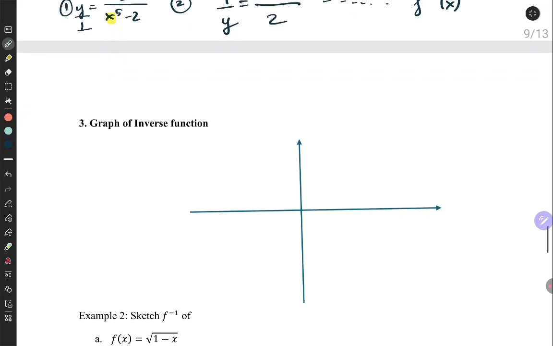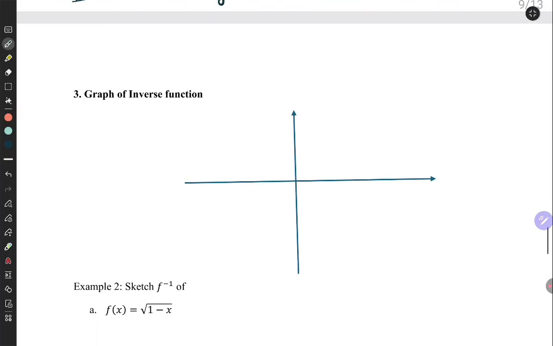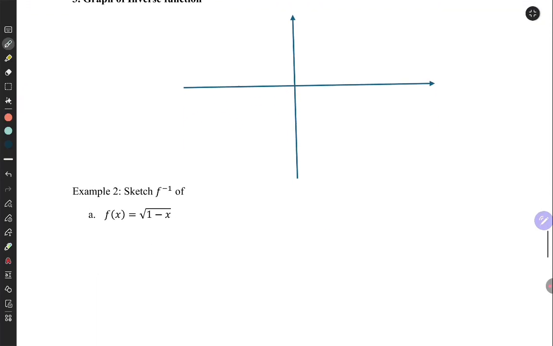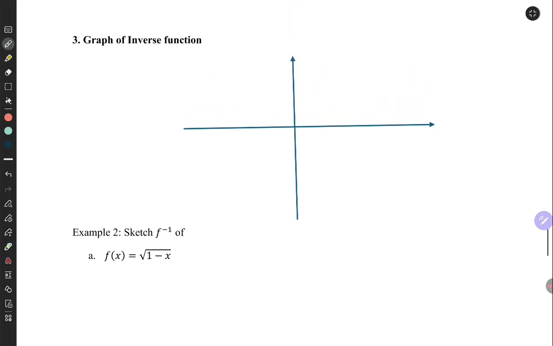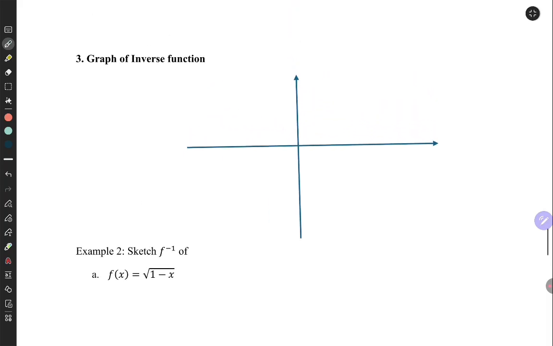Graph of the inverse function. We want to learn the inverse function. What do they look like? What do they look like? Okay. I will redo this one. Graph.